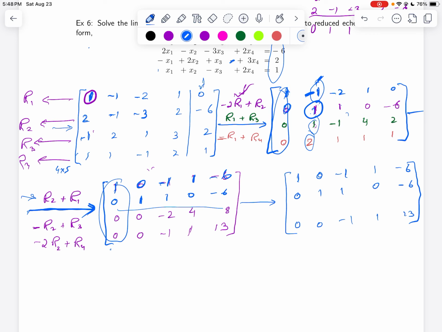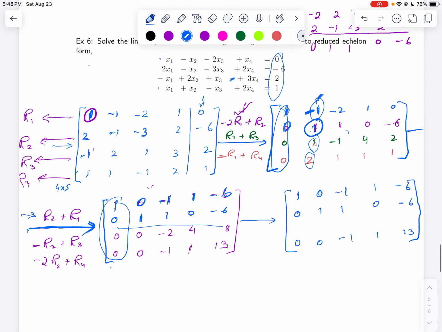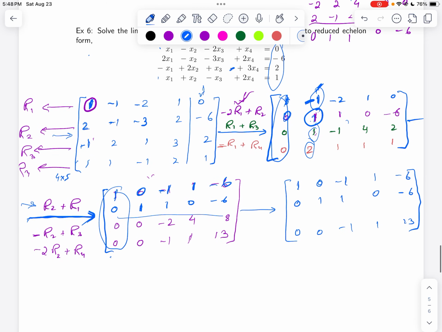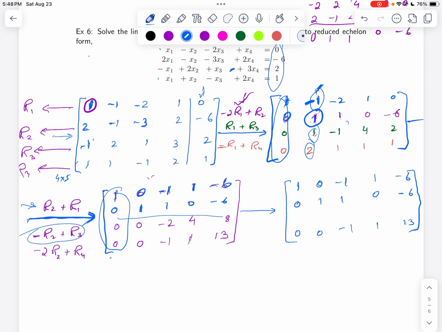Now the third and the fourth row. So for making it 0 in the third row, second column, I have to multiply the second row by -1 and add to the third row. So this is what I have there.